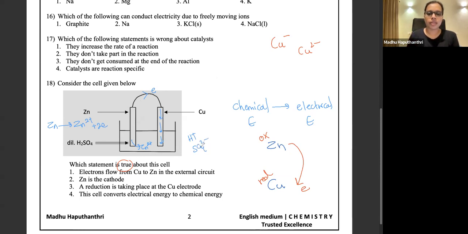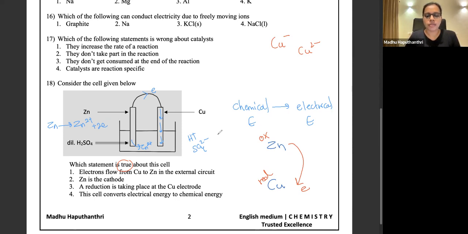From H plus and sulfate, who can accept the electrons? Understand, sulfate is already negatively charged. It is having 2 minus. It's saturated with electrons. It has more than enough. So will it go chasing after electrons anymore? No. Always in life also, we like the things that we don't have. Think about it.